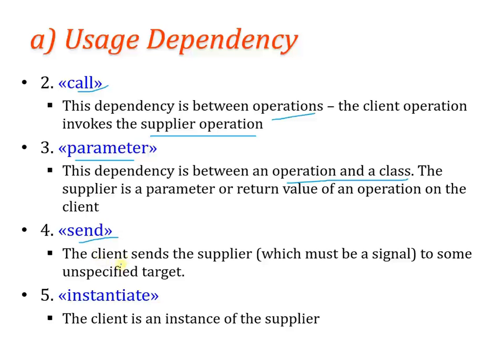As the name says, the client may send the supplier, for example, certain attribute values, or a function's return value may be supplied back to the supplier, or generally it may be a signal to some unspecified target where the supplier name is not actually mentioned. The last category of usage dependency is instantiate. As we have already discussed, this is a relationship between an object and a class. The client is an instance, that is an object, of the supplier. So the supplier may be a class and the client can be an object.